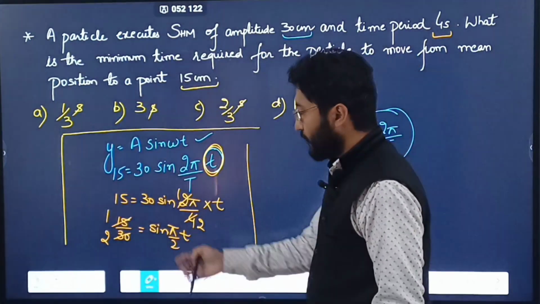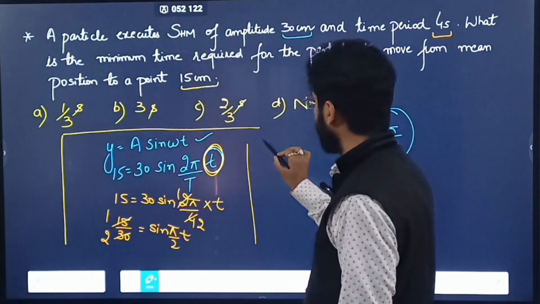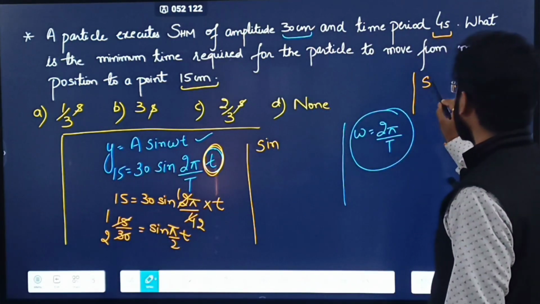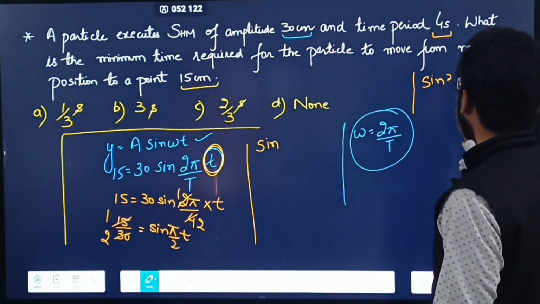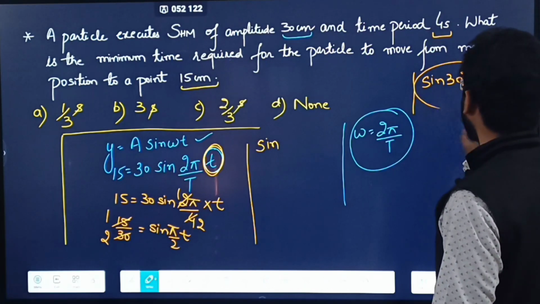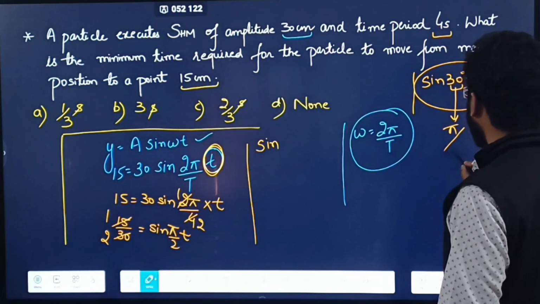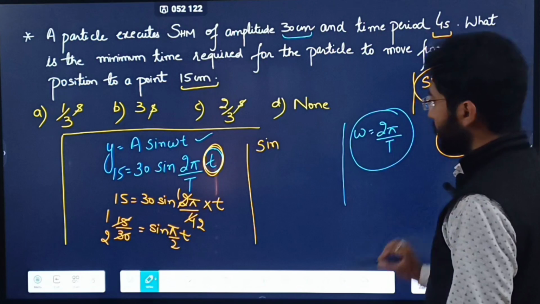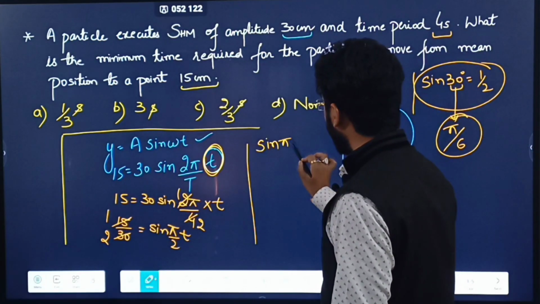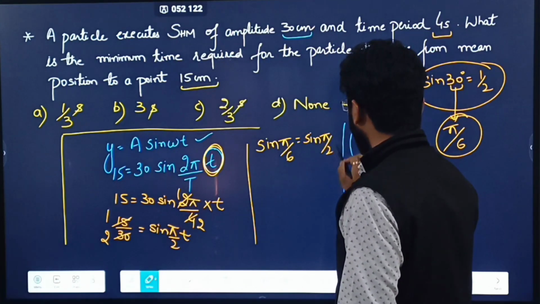Now, which value of the sine has the value 1 by 2? Sine 30 equals 1 by 2, which when written in the pi form is pi by 6. Similarly we write here sine pi by 6 equals sine pi by 2 t.